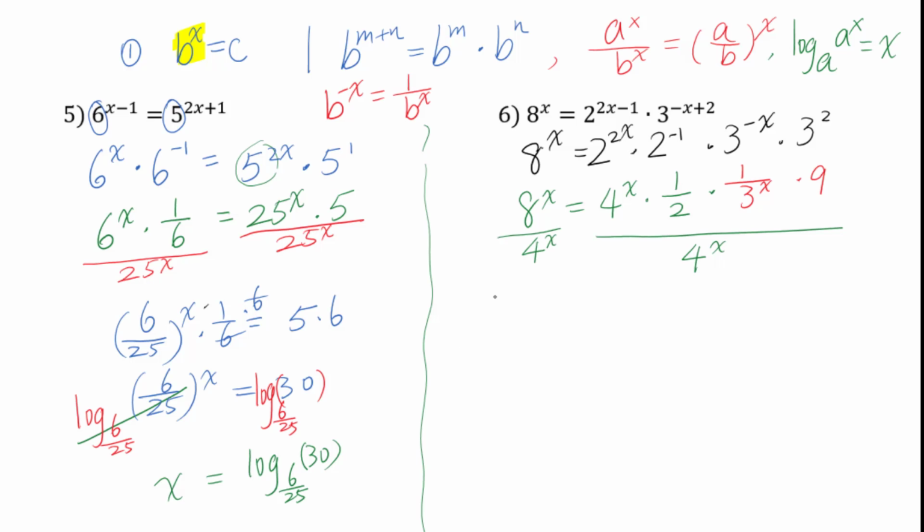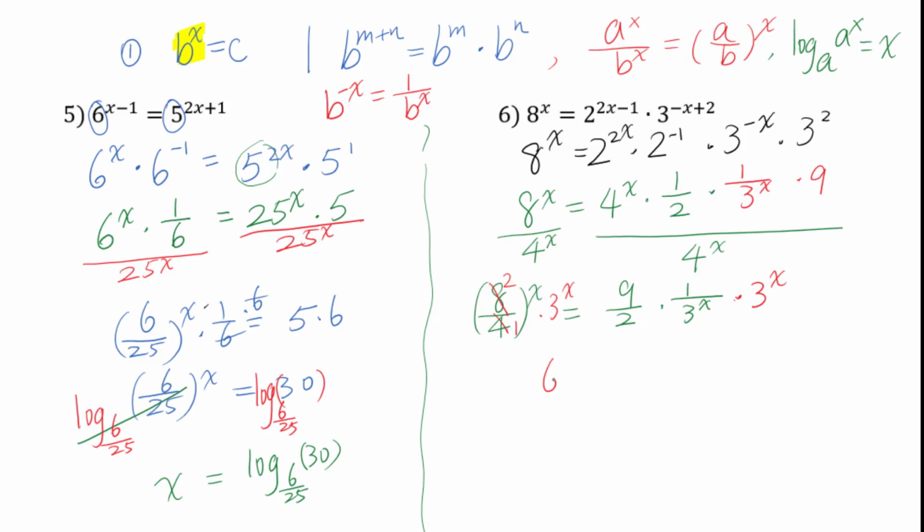We will get 8 over 4 to the x power equals 9 over 2 times 1 over 3 to the x power. So multiply by 3 to the x power on both sides. Reduce, this is a 2, this is 1.